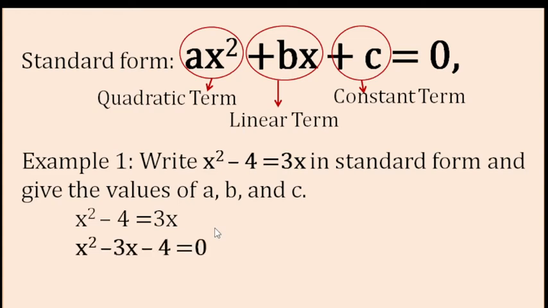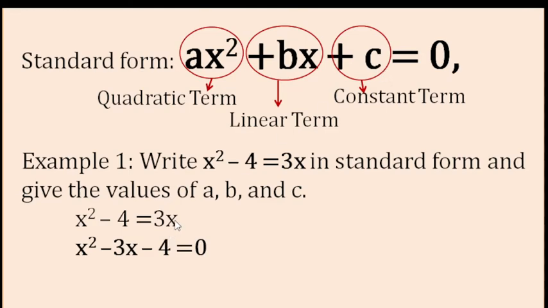Notice here the 3x is on the wrong place because it is on the right side, because the form states that x squared should be the first term, bx the second term, and c the third term.